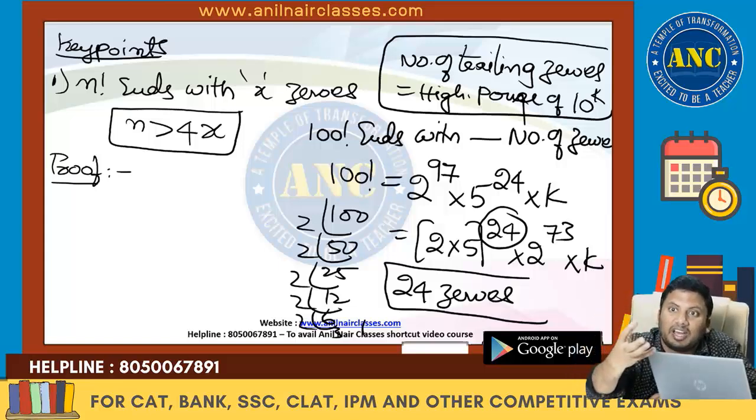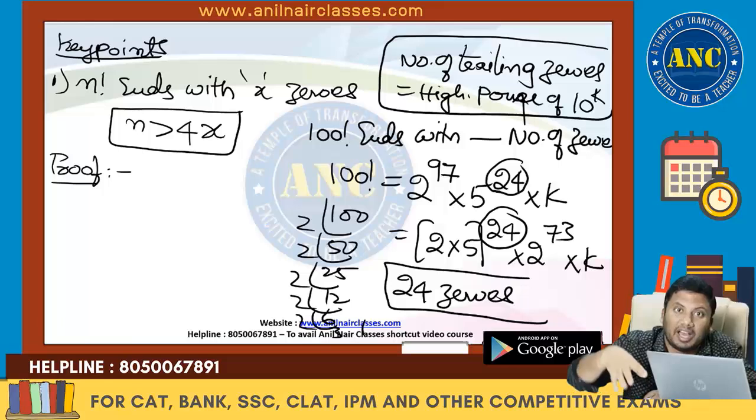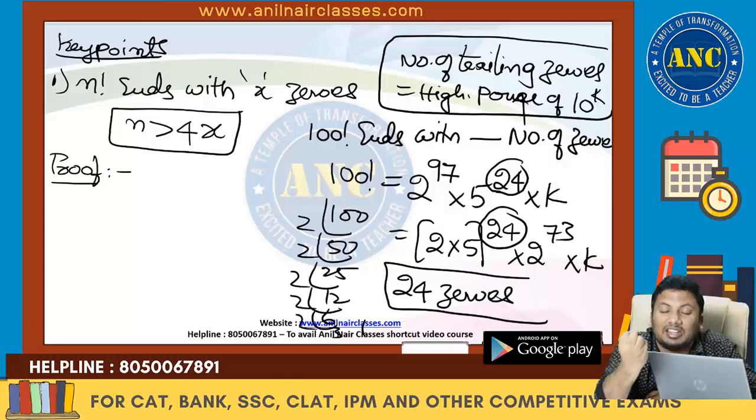That's the reason we are taking only the power of 5. I am repeating it. In any factorial numbers, multiples of 5 are less than the multiples of 2. If multiples of 5 are less than the multiples of 2, obviously it will result in lower power of 5 compared to the power of 2.